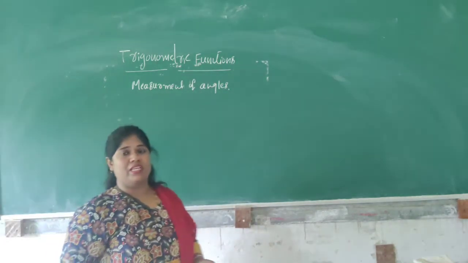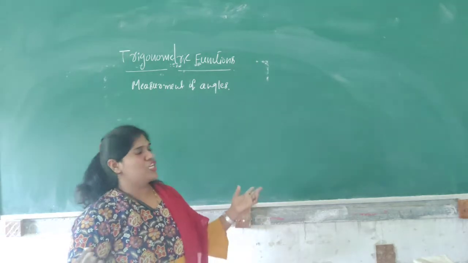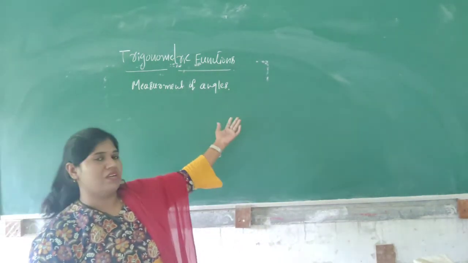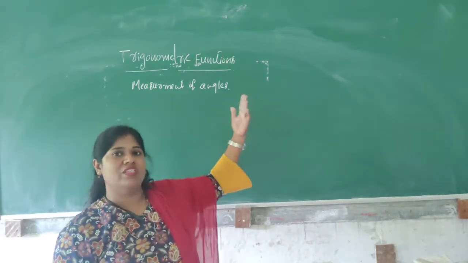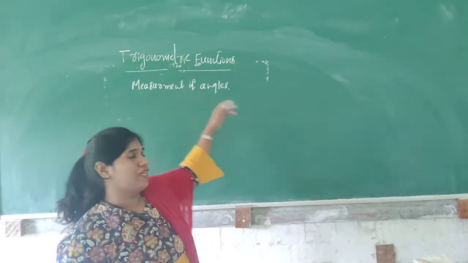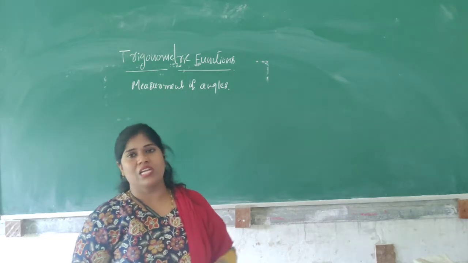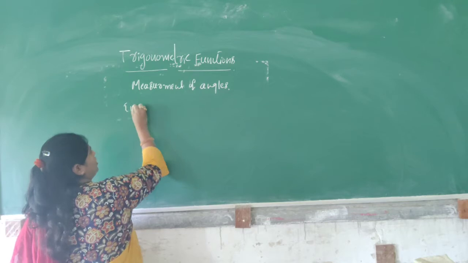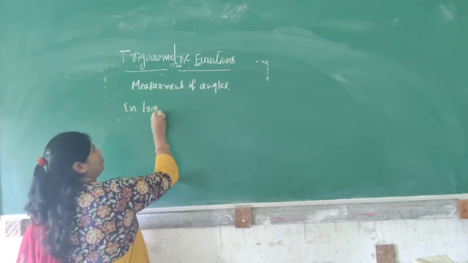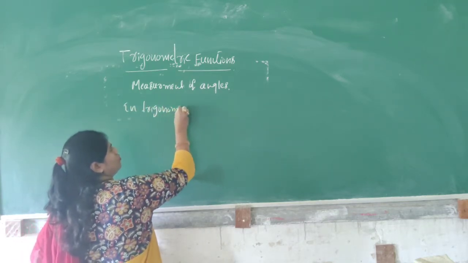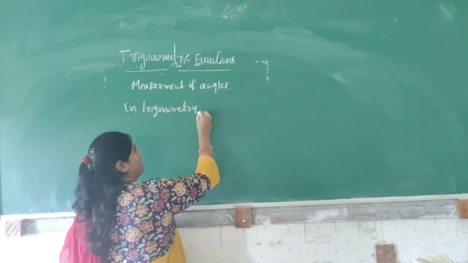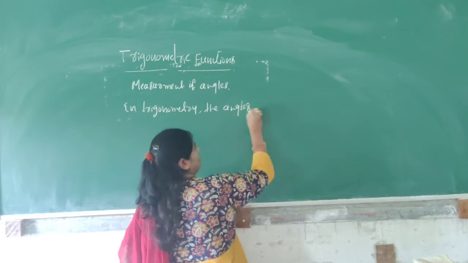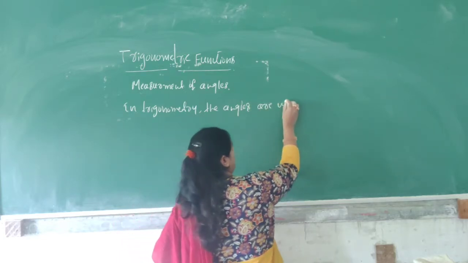So in trigonometry, the angles are measured in terms of units. There are many units of measurement.